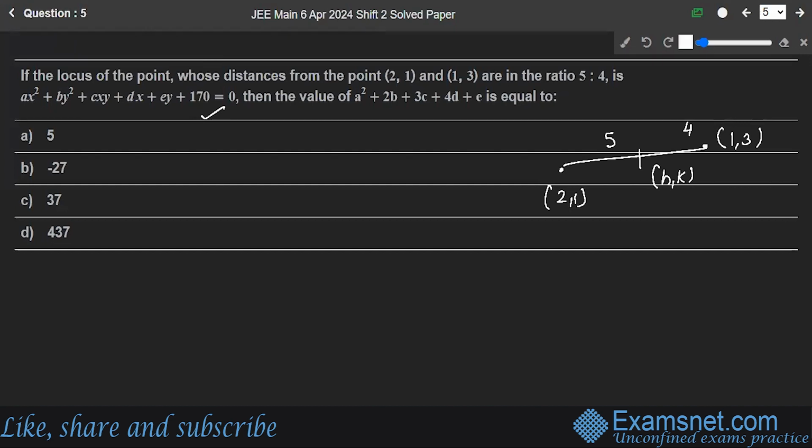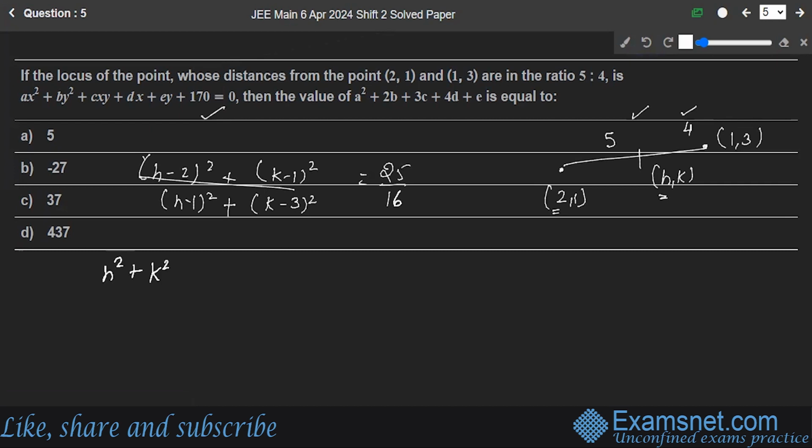So according to the question, this h minus 2 square plus k minus 1 square divided by h minus 1 square plus k minus 3 square. This is the ratio of the squares of these two, which is 25 by 16. Right. So let's open it up in the numerator.